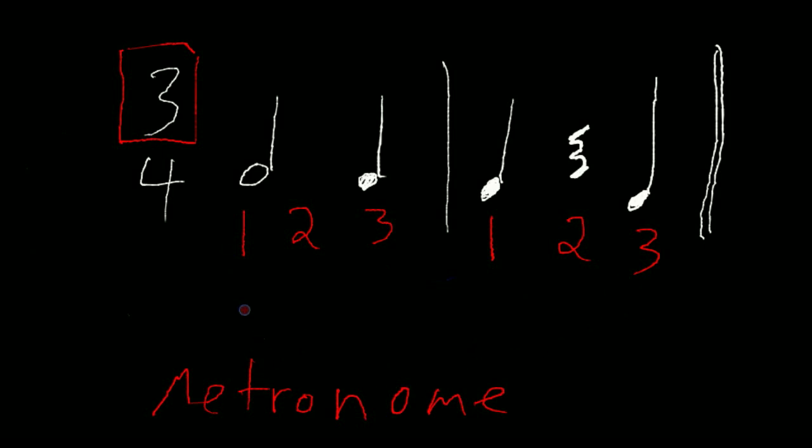So this is what that would sound like, and I'll say the numbers out again. 2, 3, 1, ready, go. 1, 2, 3, 1, 2, 3, 1. Or wait, my pen keeps malfunctioning. 1, 2, 3, 1, 2, 3, 1, 2, 3.